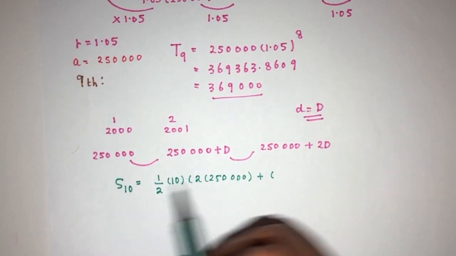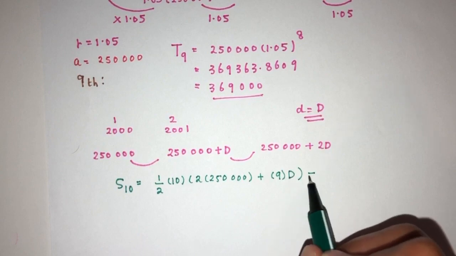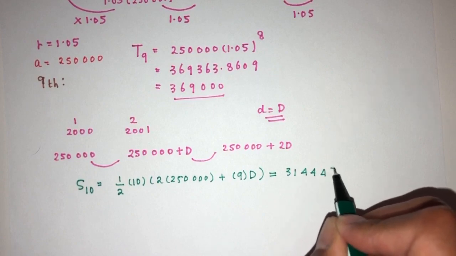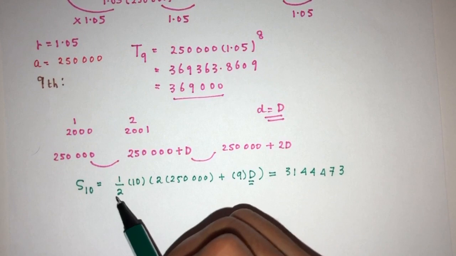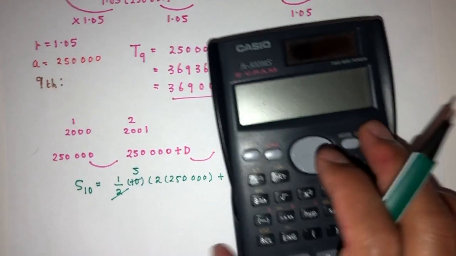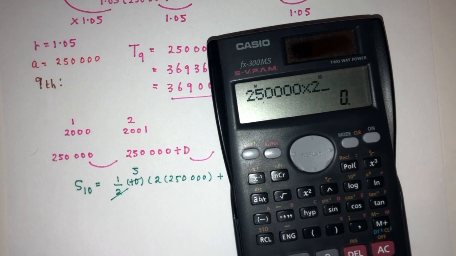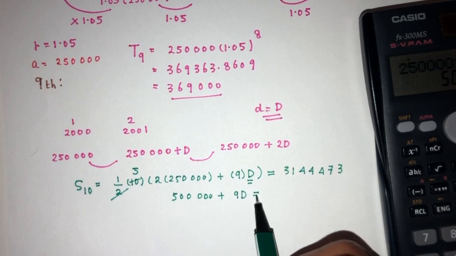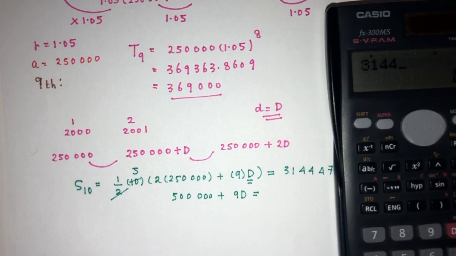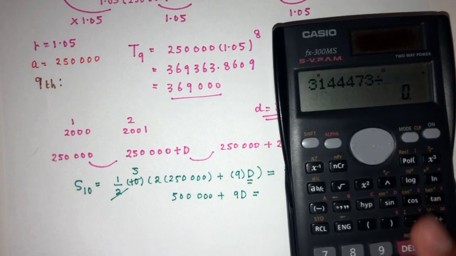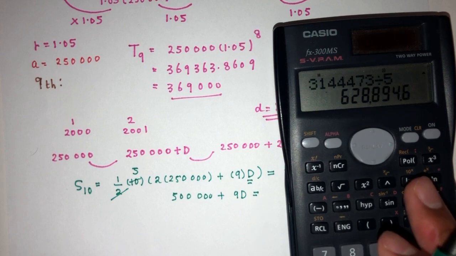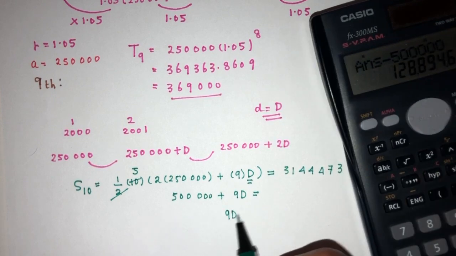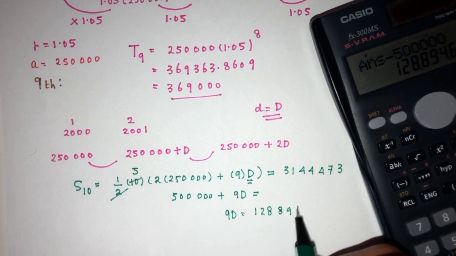Here n is 10, n minus 1 is 9, times d, which we don't know, and it has to give the same profit, 3,144,473. Simplify: 5 times 2 times 250,000 is 2,500,000, so 500,000 plus 9d has to equal 3,144,473 divided by 5, so 9d is 3,144,473 divided by 5 minus 500,000, which is 128,894.6.